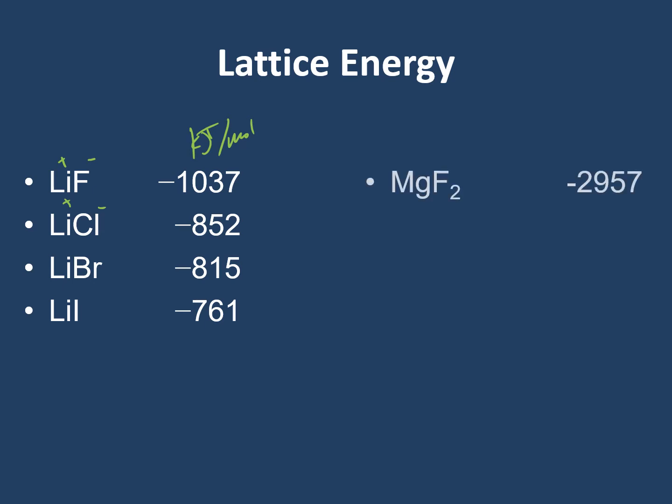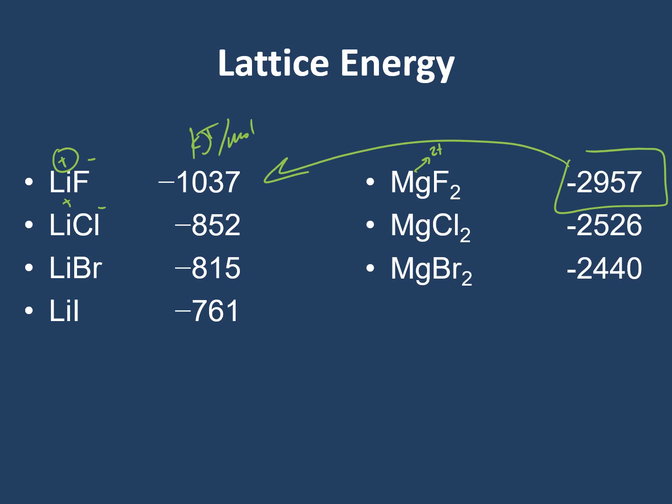If we do this with magnesium, though, you see that the charge dramatically jumps between these two. We're almost 3 times larger in magnesium fluoride's lattice energy than lithium fluoride. And the reason for this is because magnesium has a 2+ charge, whereas lithium has a +1 charge. Then we see the same trend resulting between Mg and the other halogens, right?